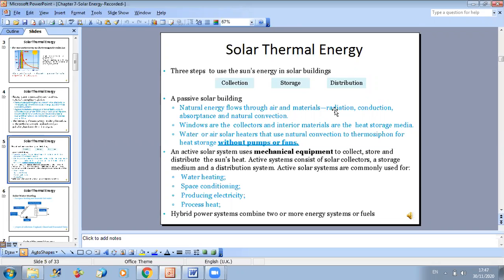Now, water or air solar heaters generally use natural convection to heat our space and do not require pumps or fans. In some systems of water or air solar heaters, we rely just on buoyancy effects, because you know from chapter 2, when we studied convection, we said that convection is mainly due to differences in density of the fluid.